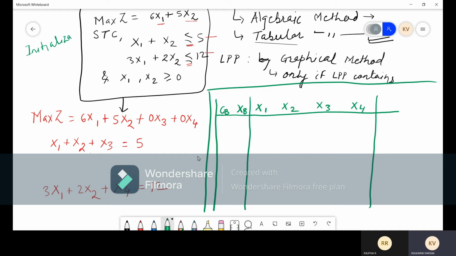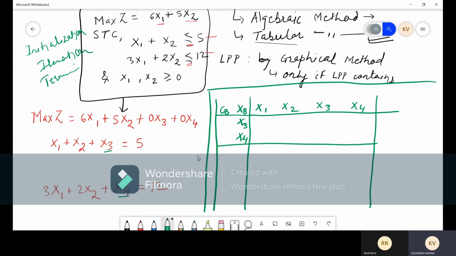Initialization is converting this and setting up the first iteration. When we start the simplex method in this form, the basic variables will always be the slack variables we added. So from this constraint we'll take x3, and from this constraint we'll take x4.